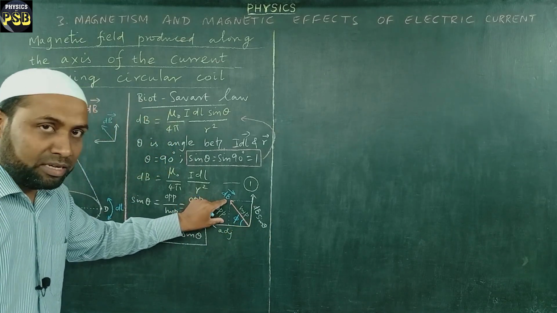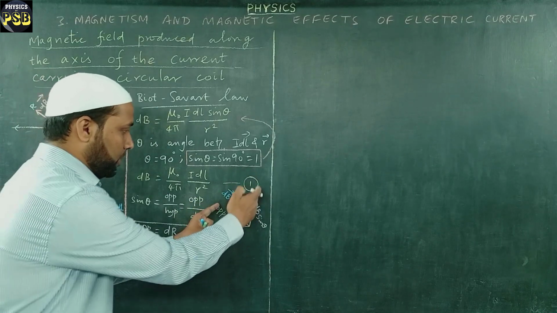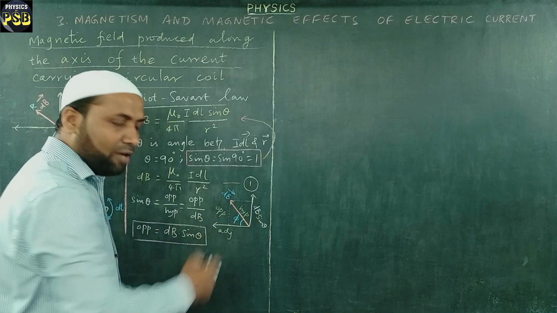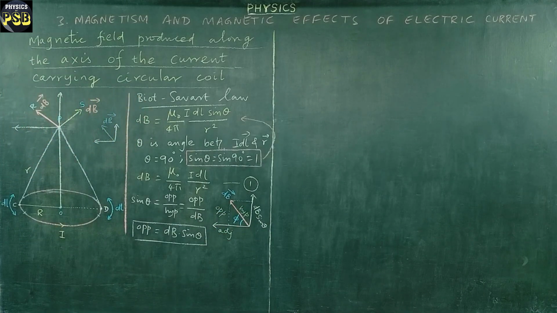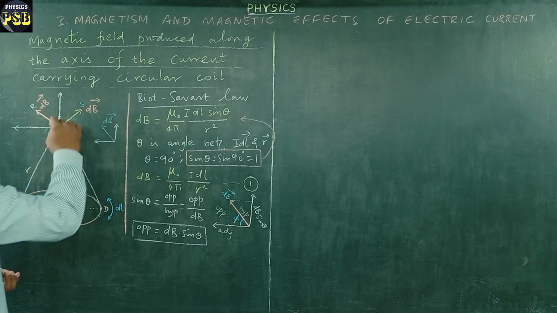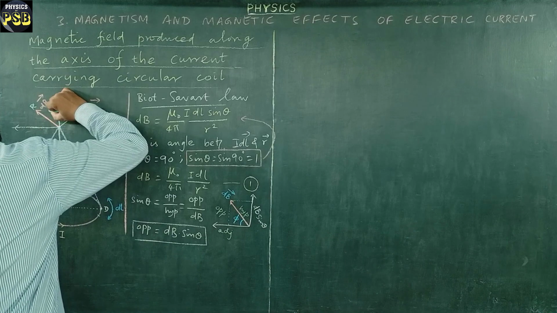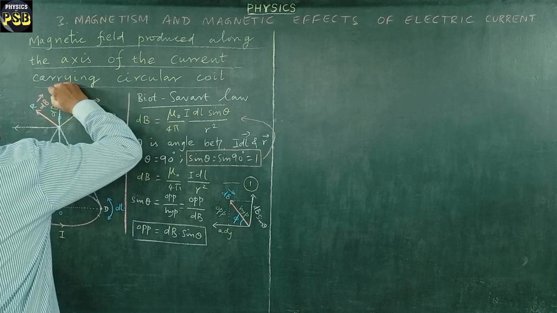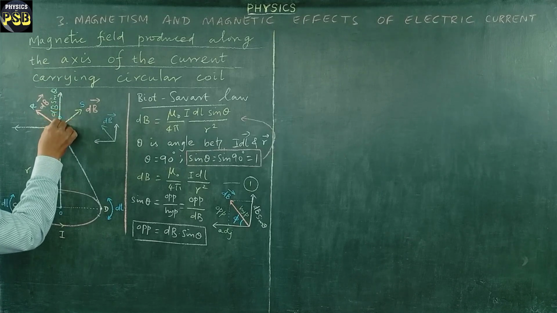If it is dB sine theta, then this parallel line which goes along with it will also have the same value, that is dB sine theta. So we have obtained the vertical component of dB vector, which acts here in this way. So I take it in this manner, dB sin theta. Yeah, I'll change the color.